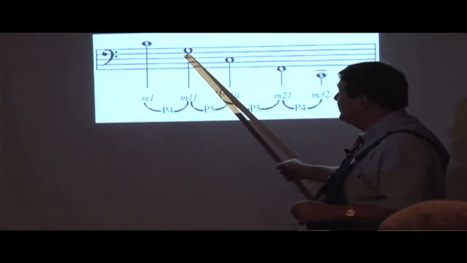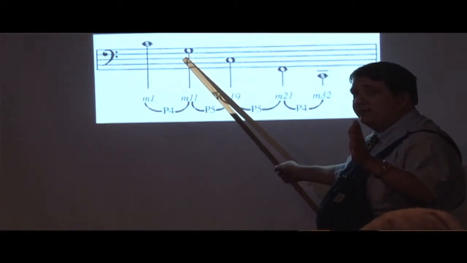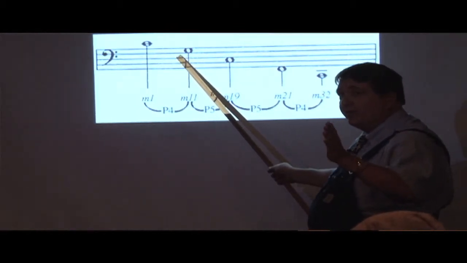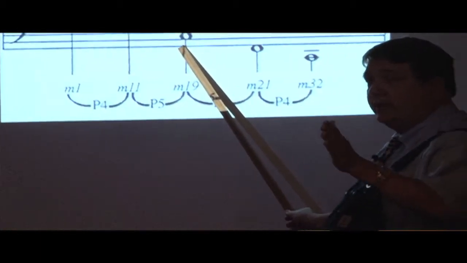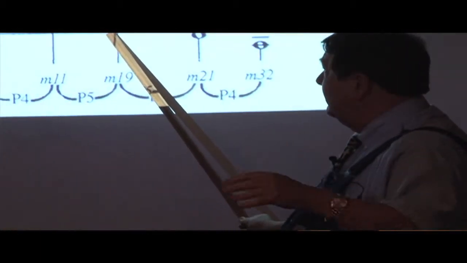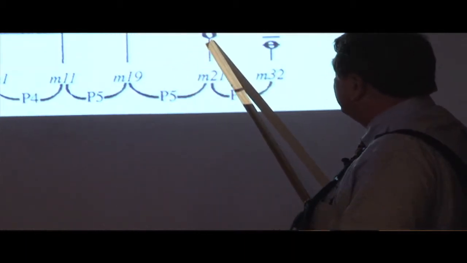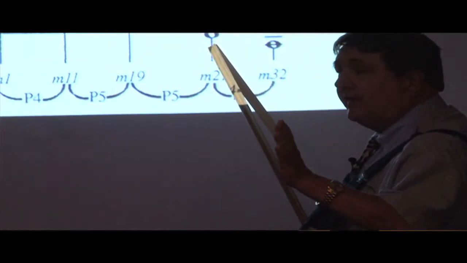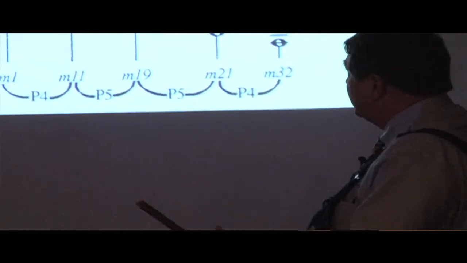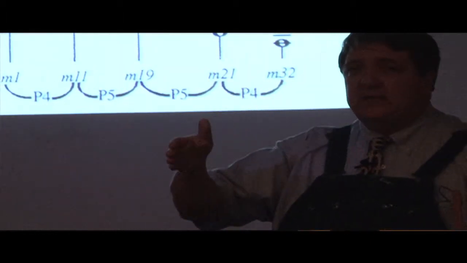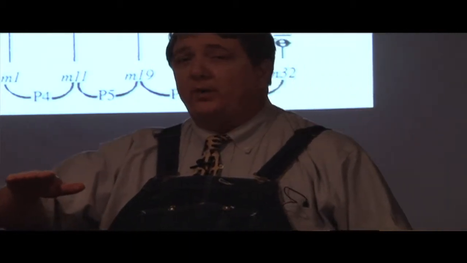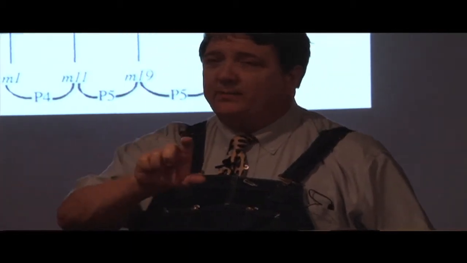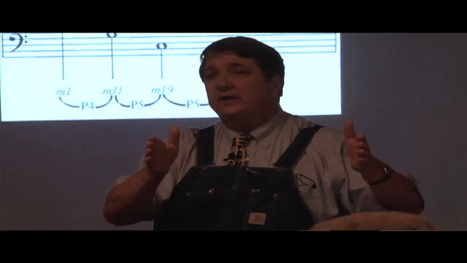By the time he gets to measure 11, he's gone to the key of G, and that is his real first note in the key of G. Then back to the key of C, and that's his real note in the octave when he comes back to the key of C. Then to measure 21, that brief tonicization of F, and then finally measure 32 to that C in the bass. And that is maintained as what we call a pedal point.